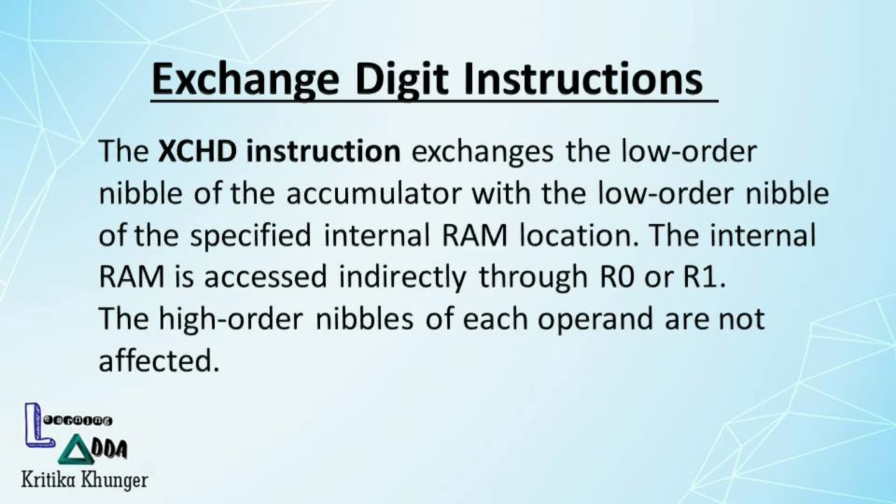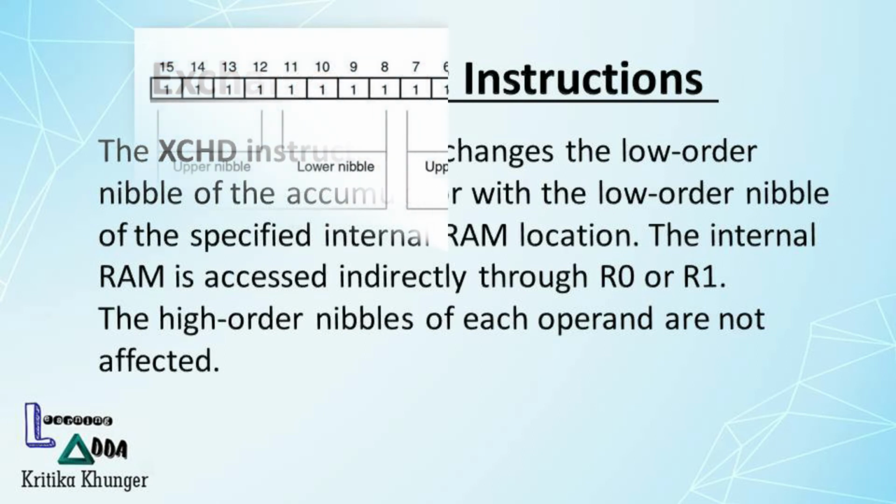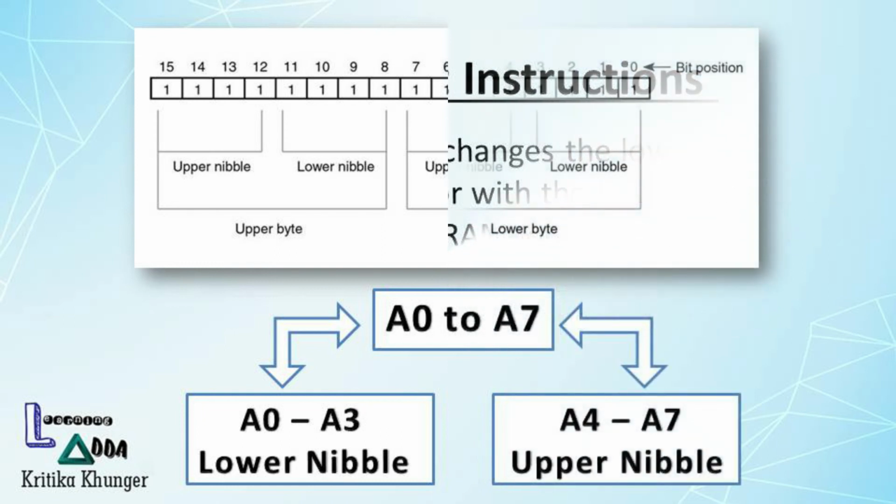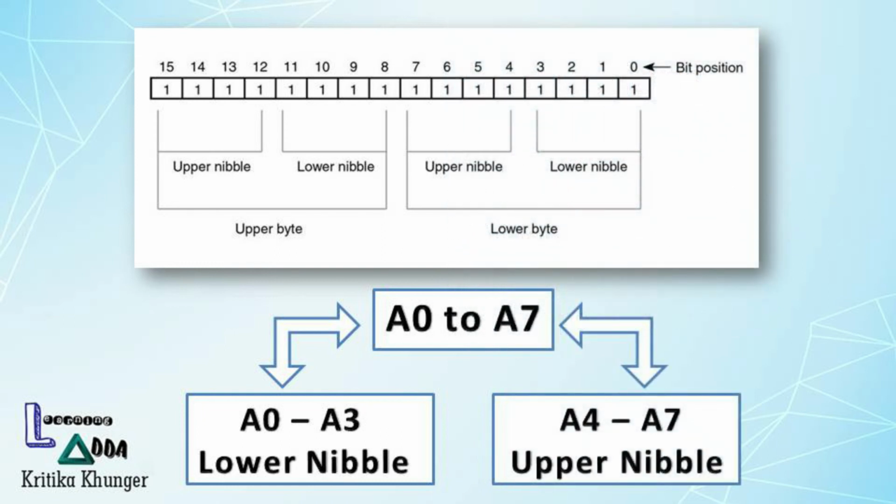What is a nibble? People may not know, so firstly I'm going to tell you what a nibble is. Here we have 16-bit data. Bits 0 to 7 are the lower byte, and bits 8 to 15 are the upper byte. In the lower byte, the first 4 bits are the lower nibble and the next 4 bits are the upper nibble.